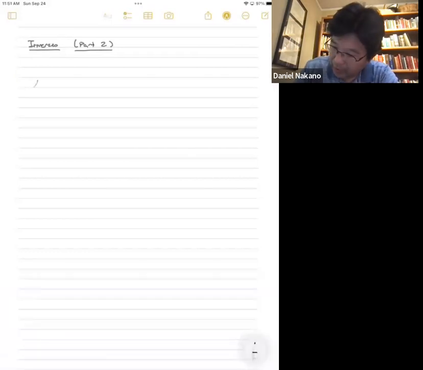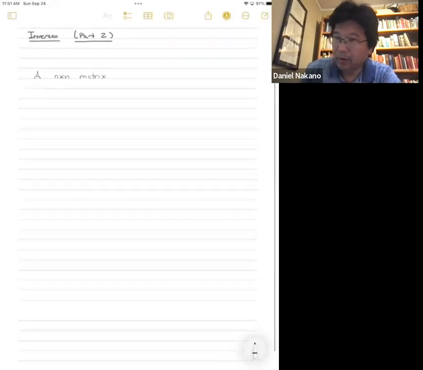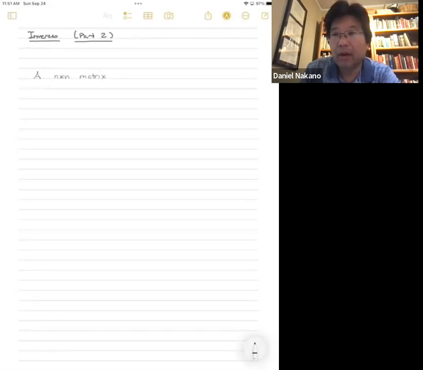So A was a square matrix, an n by n matrix. And we say it's invertible if whenever I multiply it on the left and on the right by a certain square matrix too, I get the identity back again.